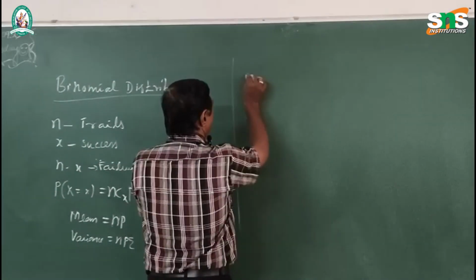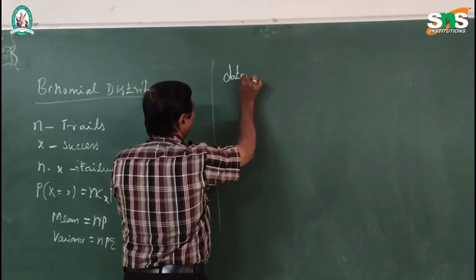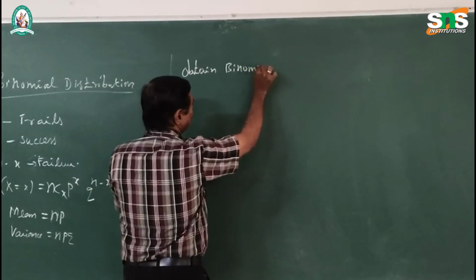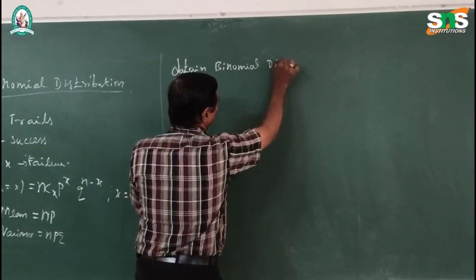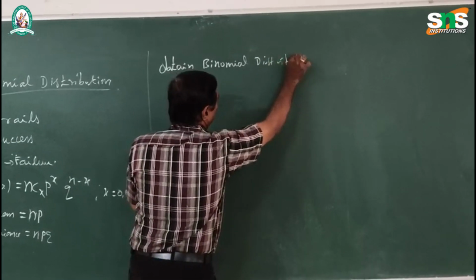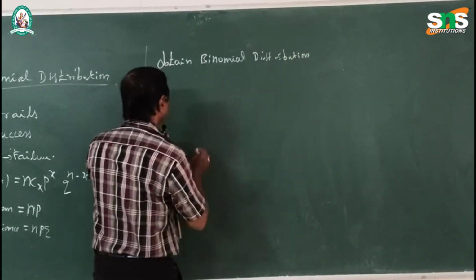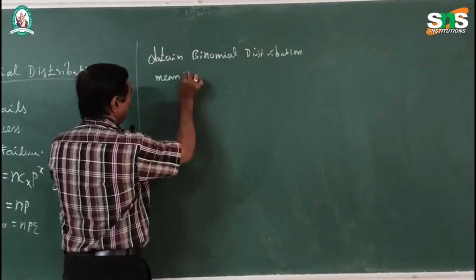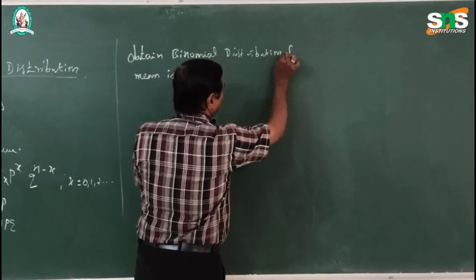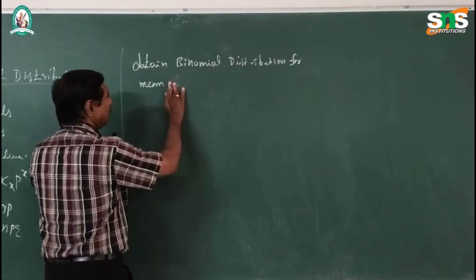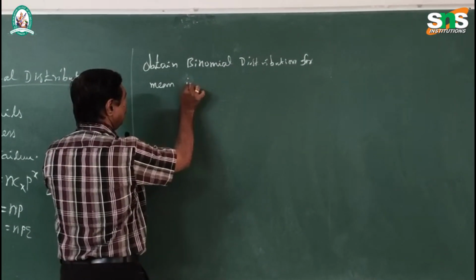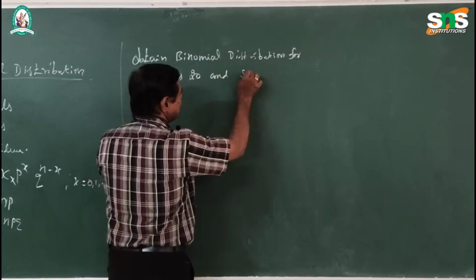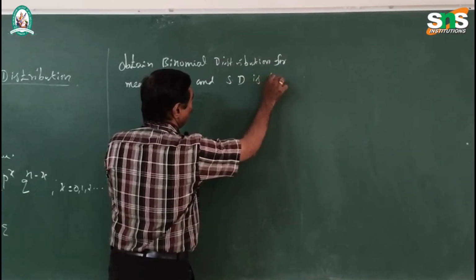The first problem: obtain the binomial distribution whose mean is 20 and standard deviation (SD) is 4.